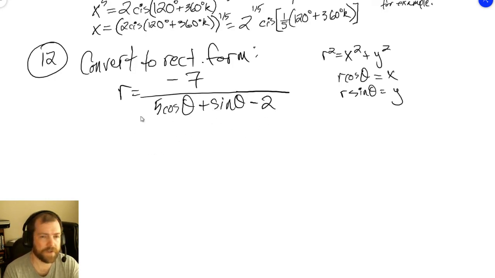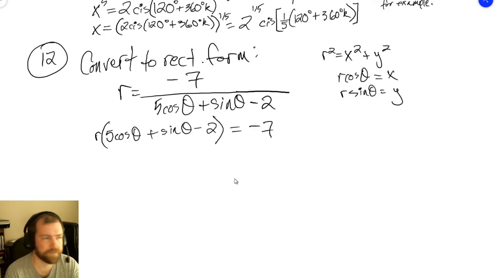I'm going to recommend that this term here just get multiplied over to the other side. So this is r times the quantity, 5 cosine of theta plus sine of theta minus 2, is equal to -7. That's easy enough. Multiply this in. This is going to be a 5r cosine theta. Oh, would you look at that? There's an x.